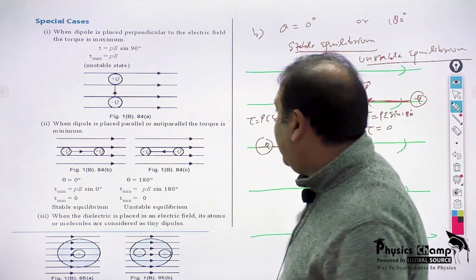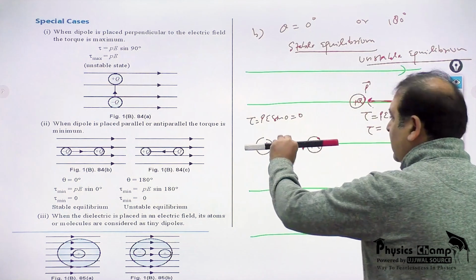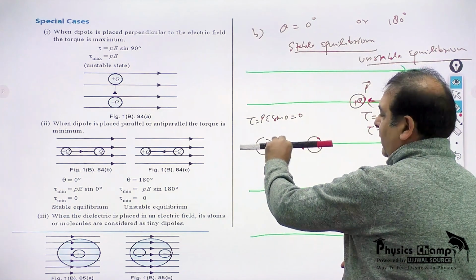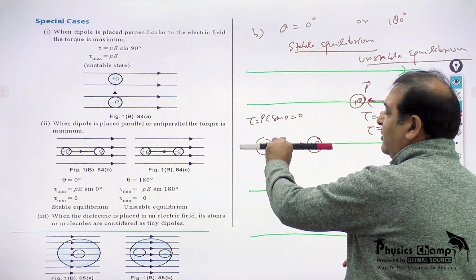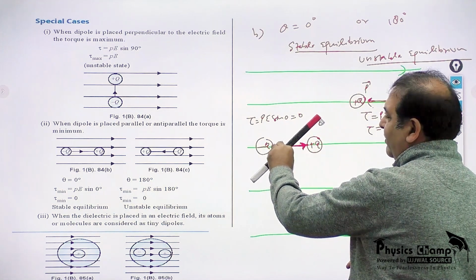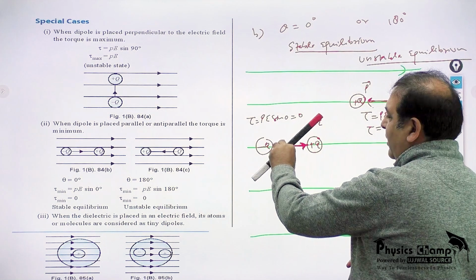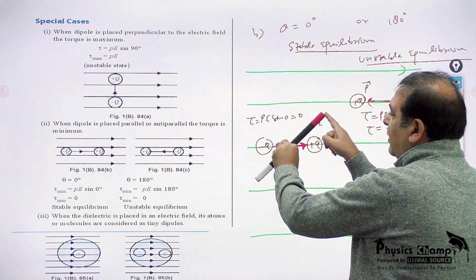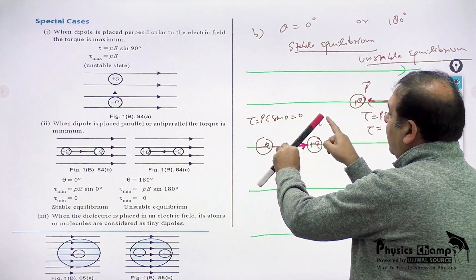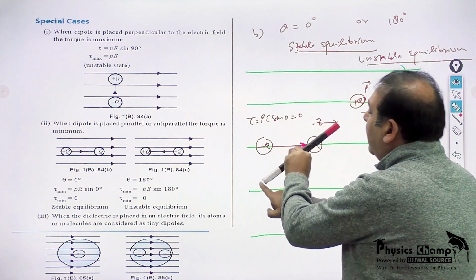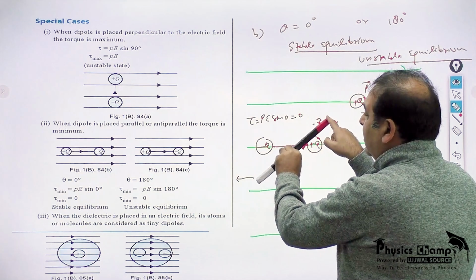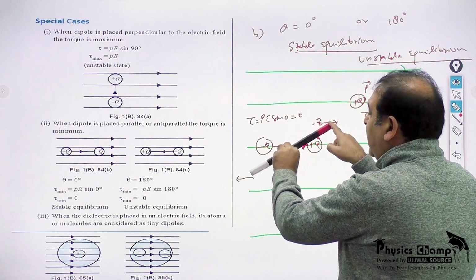For example, I take this case. Now this is plus Q, this is minus Q. At this position, the torque is 0. Now I displace it a bit. When I displace it a bit, QE here and minus QE here. QE will act in the forward direction and minus QE will act in the backward direction, and this will bring it back.